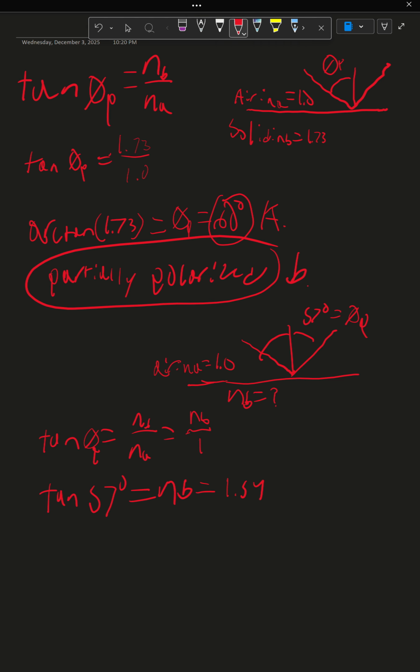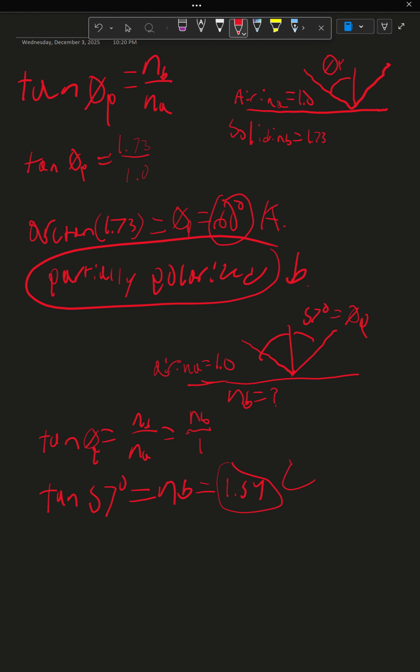So the refraction index for the glass for the light to be completely polarized at 57 degrees is 1.54. That'll be for C.